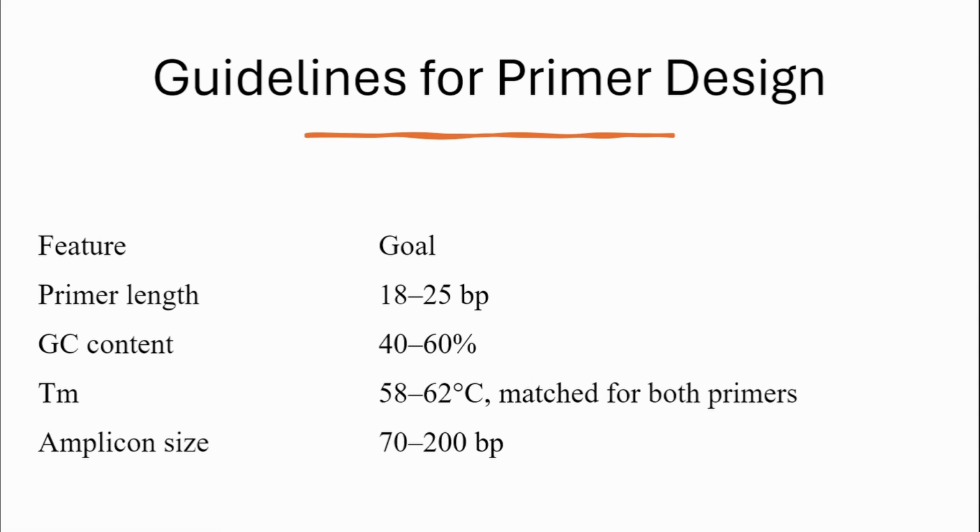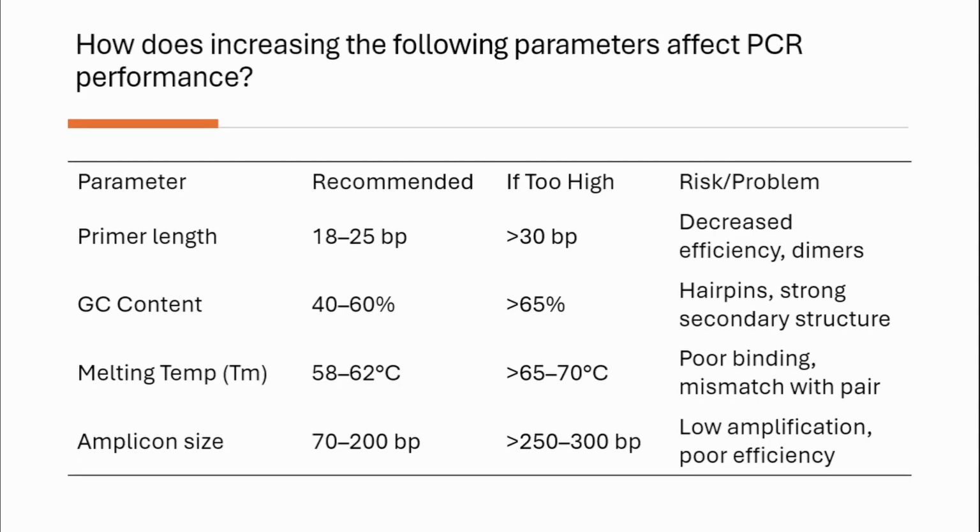Now the question is, what happens if these features are not present in our primers? If primer length increases, the efficiency of amplification decreases, and dimers may appear. If guanine and cytosine content increases more than 65%, hairpins may appear, and strong secondary structure may be caused.